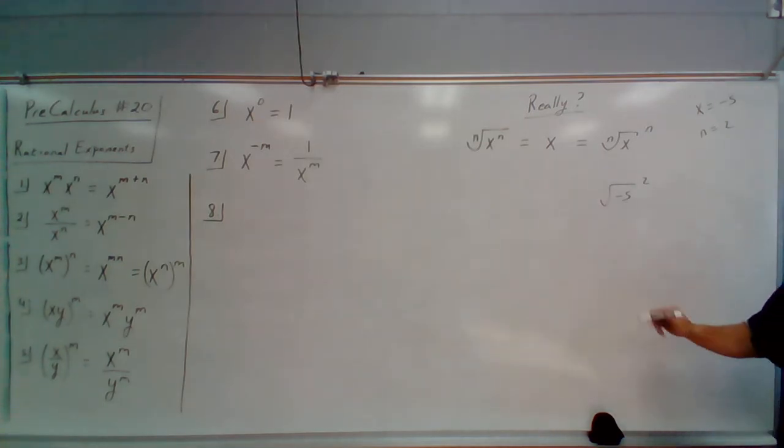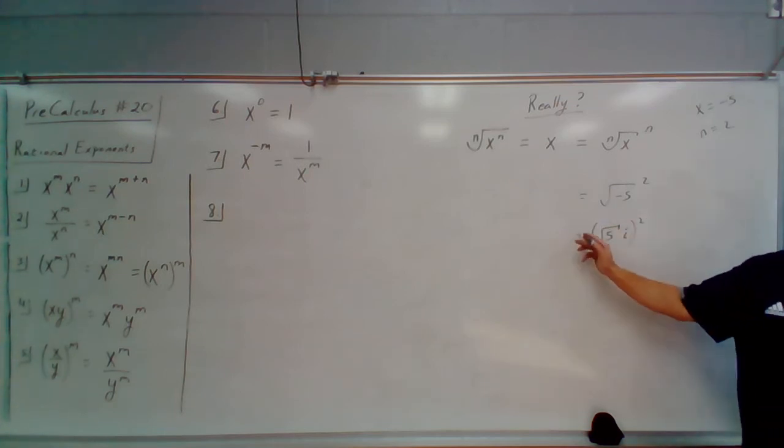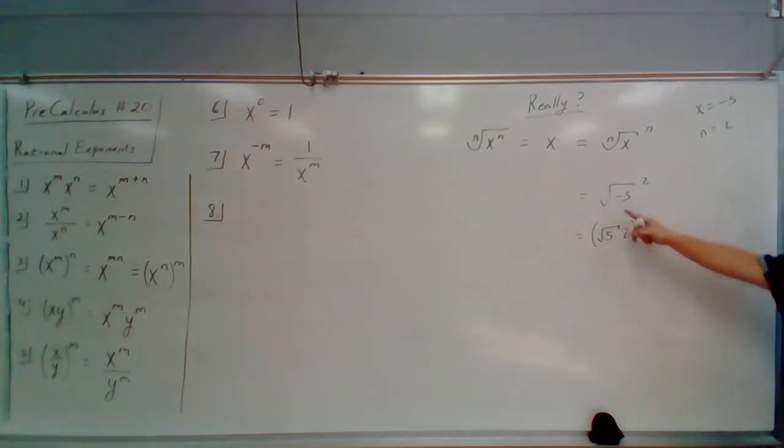The square root of -5 is the square root of 5 times i, squared.